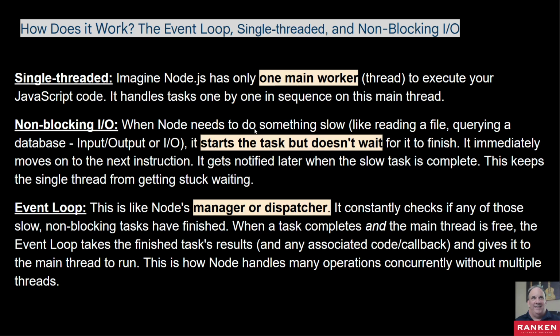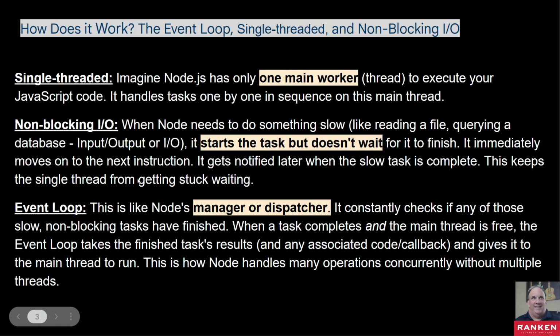When Node needs to do something slow, like reading a file or querying a database, it starts that task, but it doesn't wait for it to finish. It immediately moves on to the next instruction, and it gets a notification later when the slower task is complete. This keeps the single thread from getting stuck waiting.